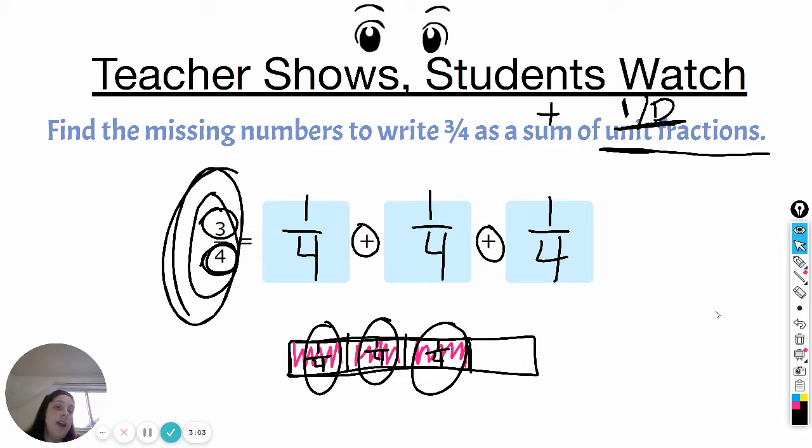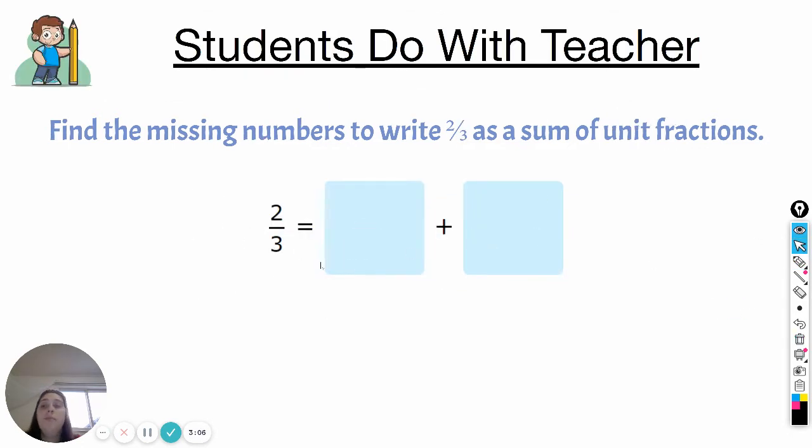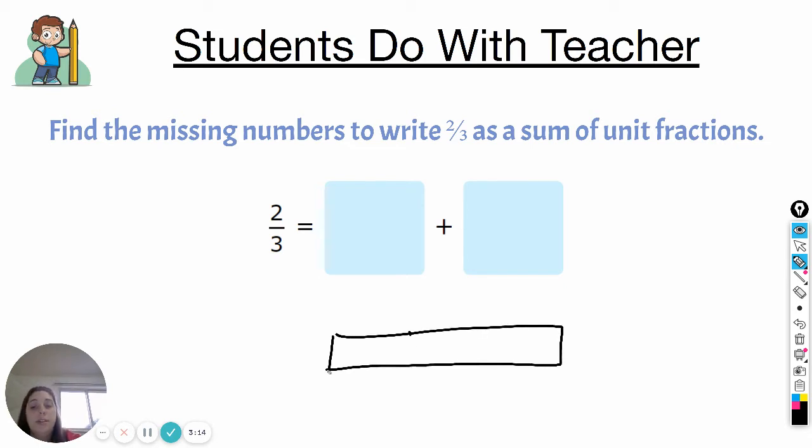Okay, let's have you try that with me. This time we have 2/3. So if you're getting out your fraction strip, you're going to want to get out the one that's broken into thirds or 3 pieces. I'll give you a moment to find that if you want it out.